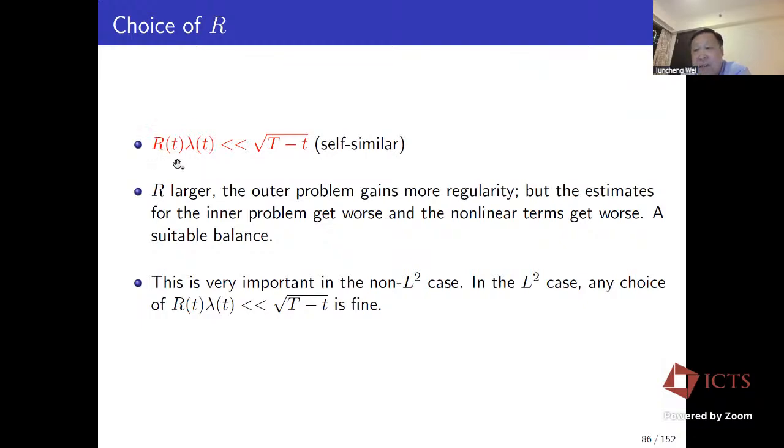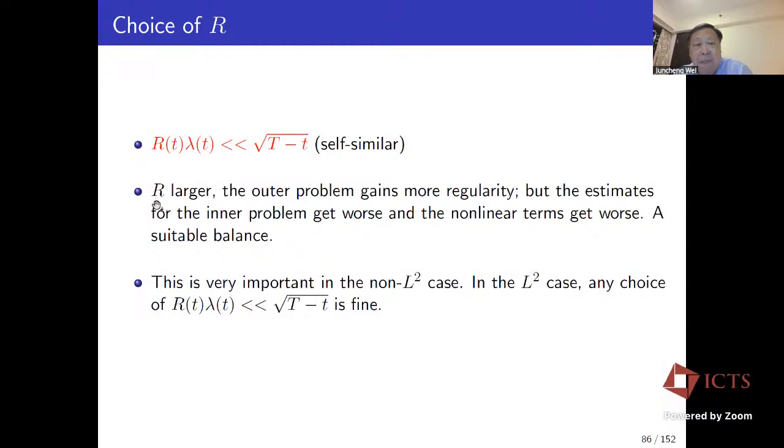So first, we need r times lambda to be much smaller than square root of T minus t, because you don't want to enter the parabolic part for the inner problem. So the region you want to solve, r times lambda, must be smaller than square root of T minus t. Okay, so this is the first important restriction on r.